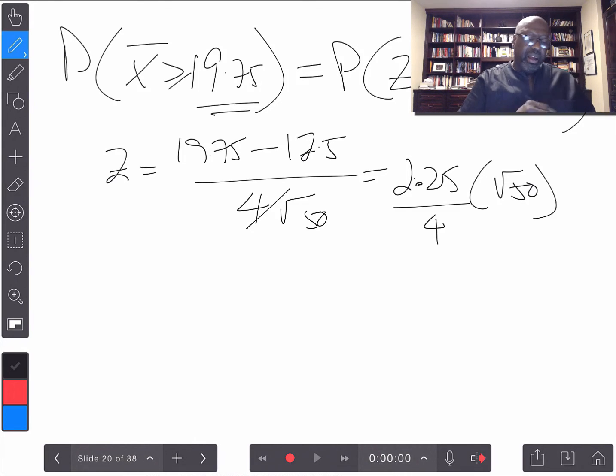I brought the root 50 on the top. Let me grab my calculator so I can calculate this for you. 2.25 multiplied by root 50 divided by 4, and the answer is 3.97. So that's a fairly big Z.